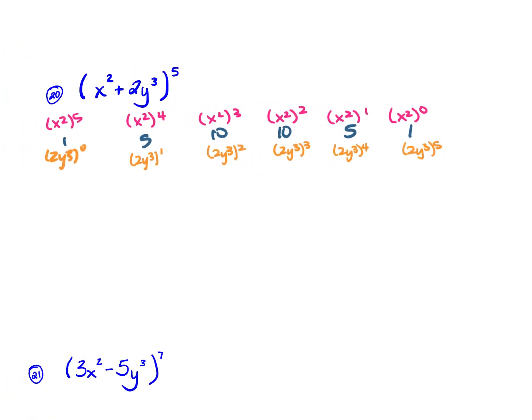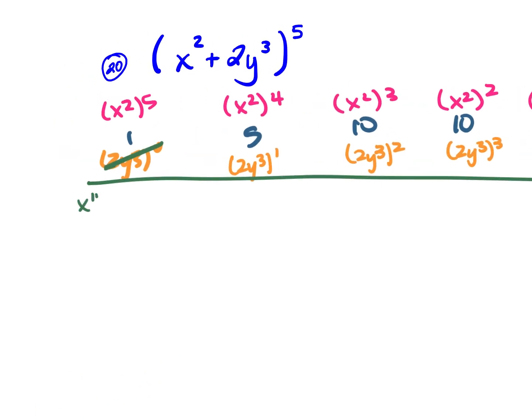So we are going to multiply this out, canceling out our powers of 0. We're going to have x to the 10th power plus 2 times 5 times x to the 8th y to the 3rd. Then you have 2 to the 2nd power, which is 4 times 10 times x to the 6th y to the 6th.